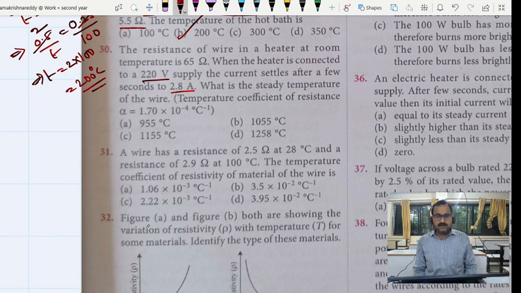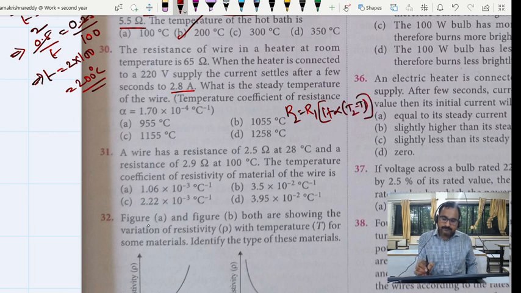From the other resistance we get R2 is equal to R1 into 1 plus alpha into T2 minus T1. We can calculate that. So the same models are there, 30 and 31. Try to solve those two questions by applying the same formula, R2 equals R1 into 1 plus alpha into T2 minus T1, and you will get it.